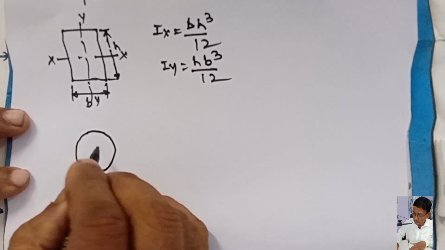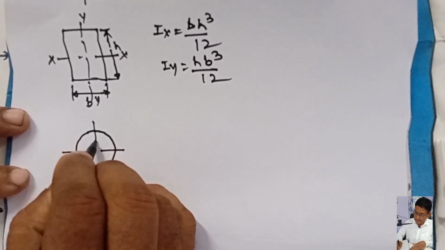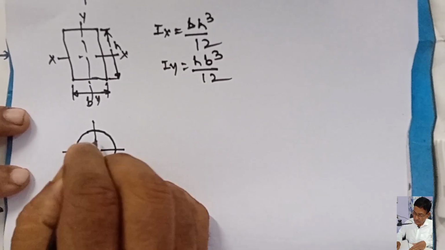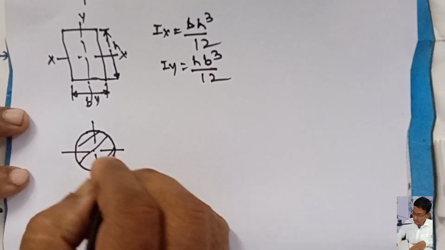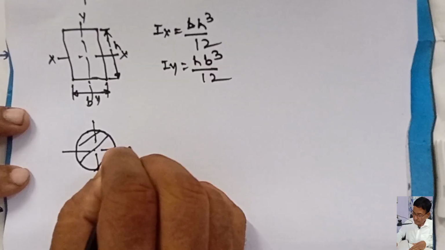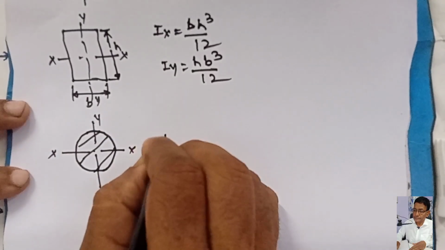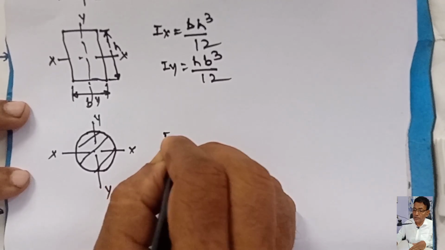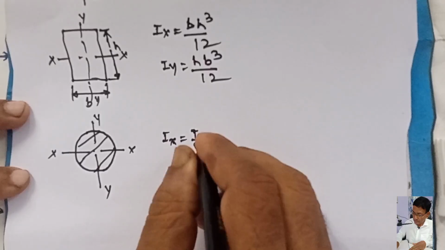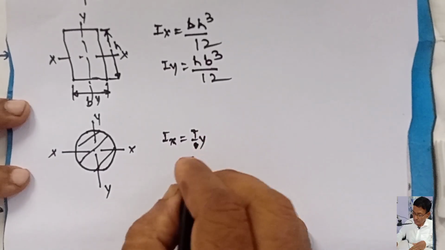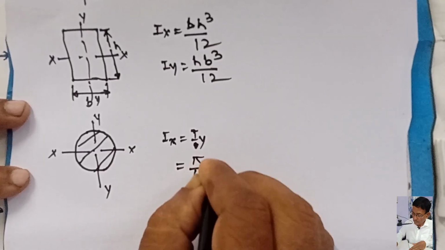Round shape, Ix is equal to Iy is equal to pi by 64 d4.